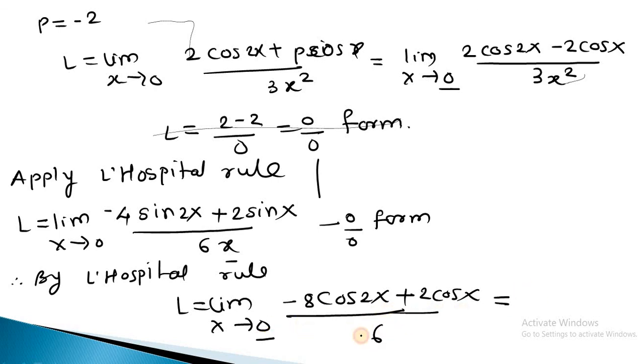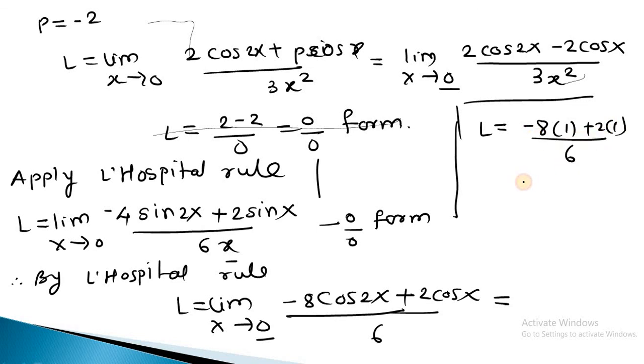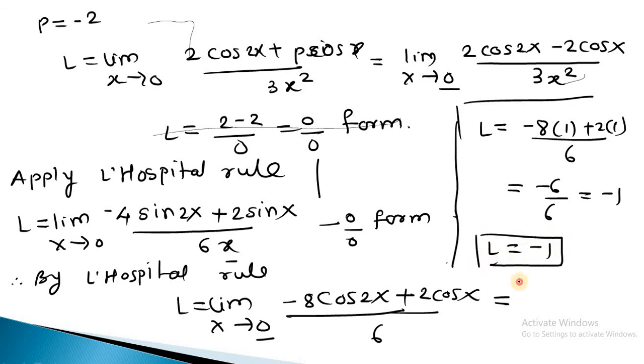Now substitute x is 0, so cos 0 is 1. So what is the value of L? It is minus 8 times 1 plus 2 times 1 upon 6, so minus 6 upon 6, which is minus 1. So the value of limit L is minus 1, and the value of p is minus 2.